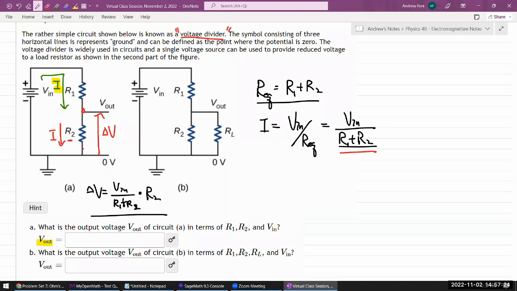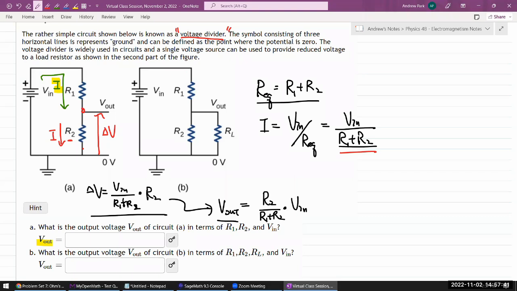Let me simplify this expression a little bit. Simplifying it, V out is equal to the ratio of the resistances, R2 divided by R1 plus R2, times V in.